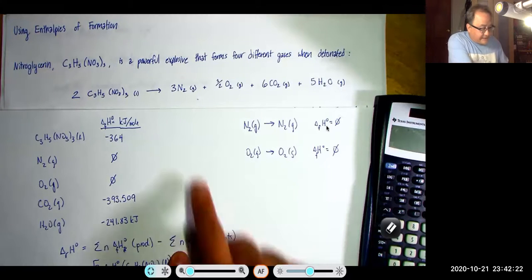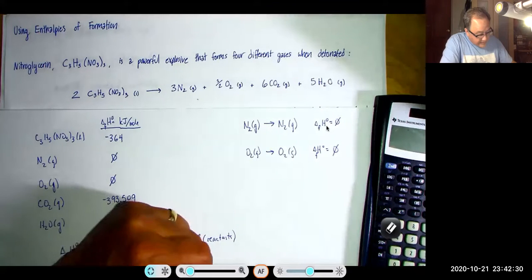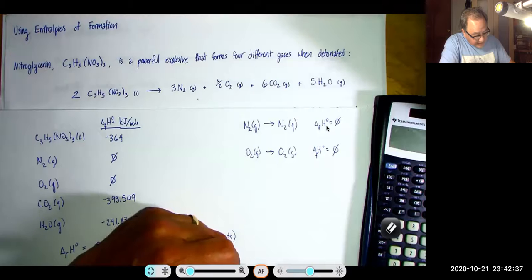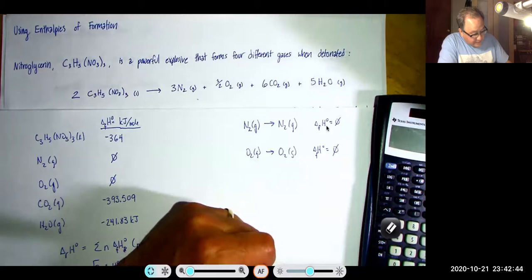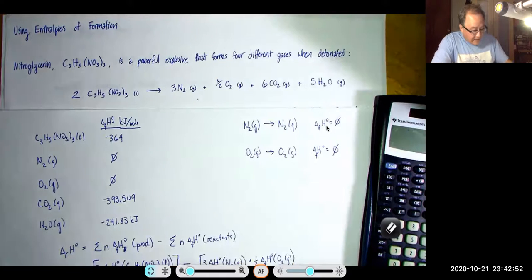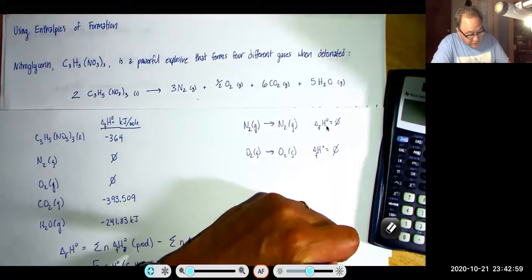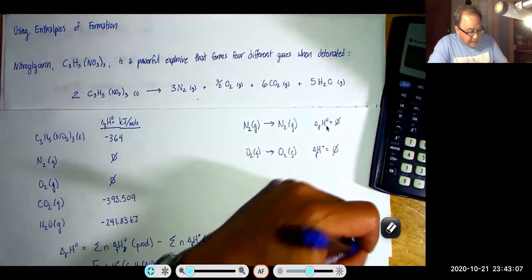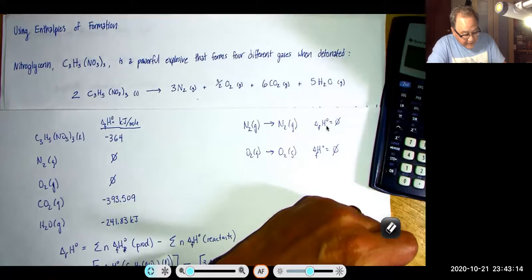So here, I think it's easy to see that for this one, we don't need to worry about it, but we'll go ahead and write it down. 3 times the enthalpy of formation for N2 gas, and then plus 1/2 times the enthalpy of formation of O2 gas, and then plus 6 times the enthalpy of formation of CO2 gas, and then plus 5 times the enthalpy of formation of H2O gas.